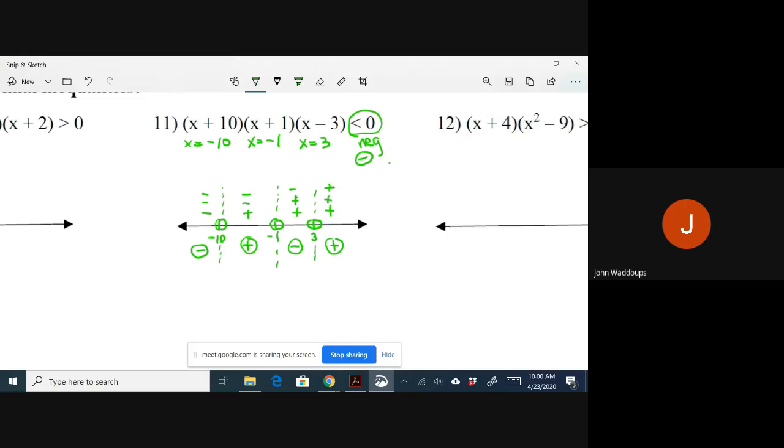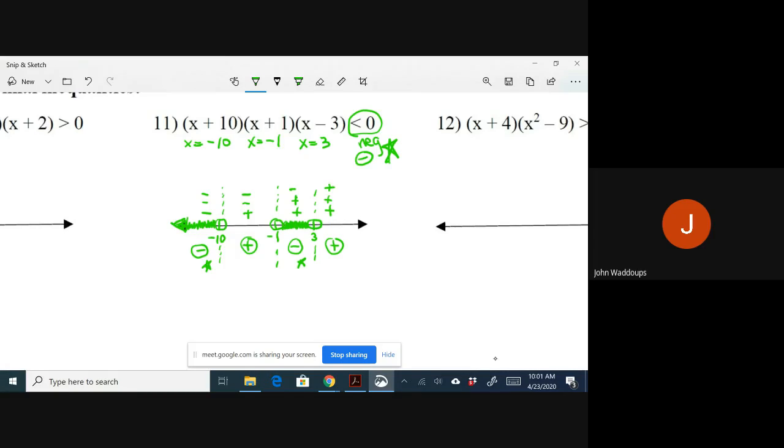So because we're looking for negative results, those that are less than 0, these are our intervals here, negative here and negative here. So this goes off to the left. And then we have the interval in between these two here.